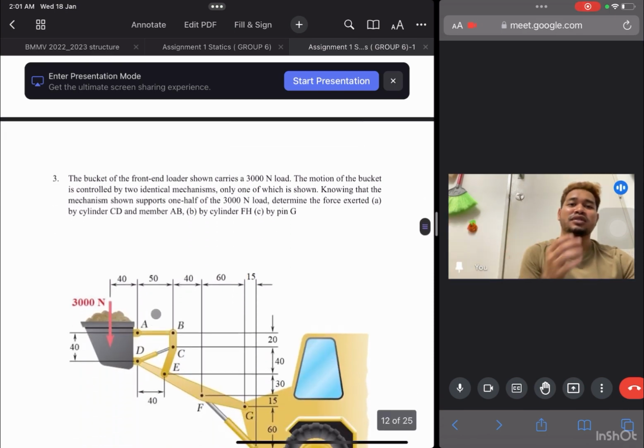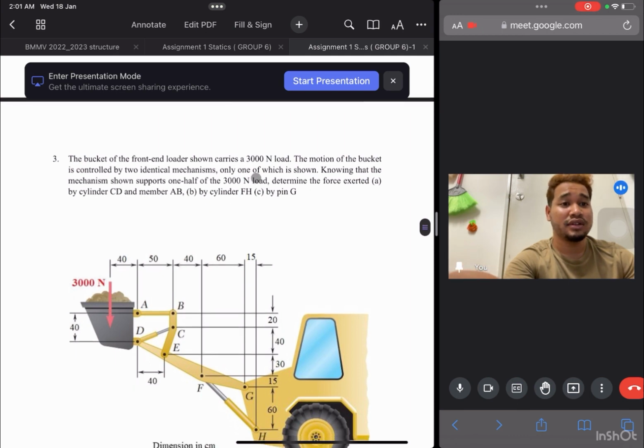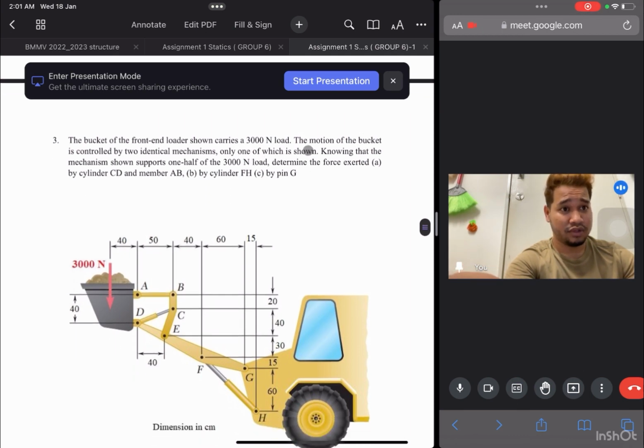Okay, that's for question number 2. So we proceed to question number 3. The bucket of the front end loader shown carries a 3,000 Newton load. The motion of the bucket is controlled by 2 identical mechanisms, only one of which is shown.